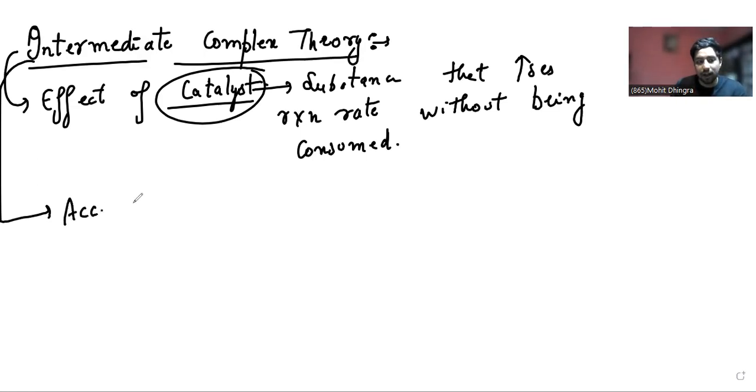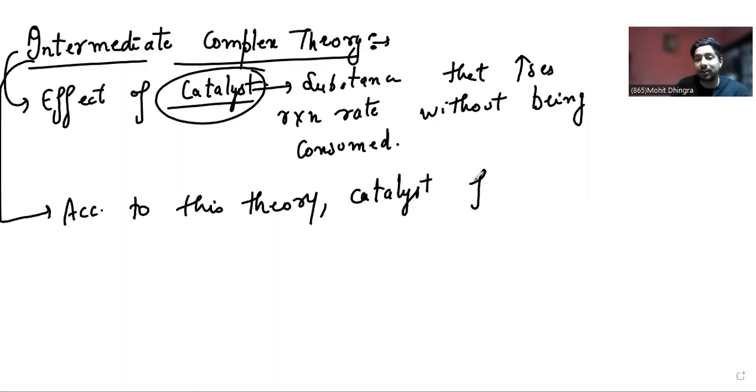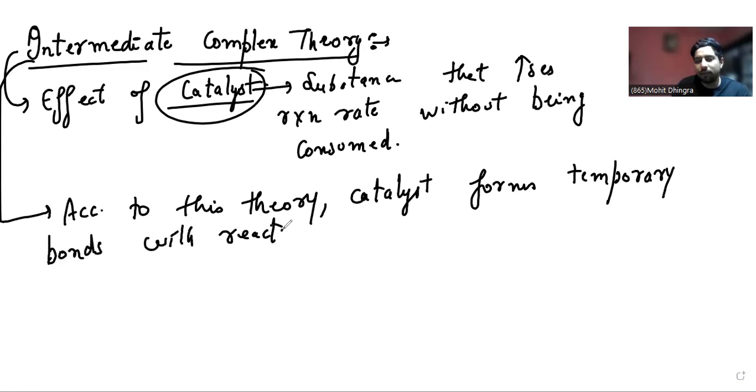According to this theory, the catalyst forms temporary bonds. Those temporary bonds are not very strong, they are very weak bonds. It forms temporary bonds with the reactants, and by doing so it forms an intermediate.